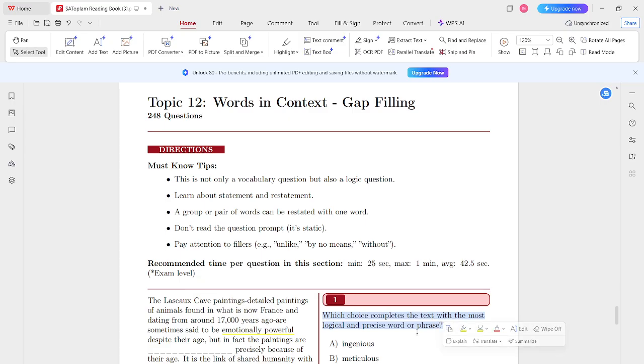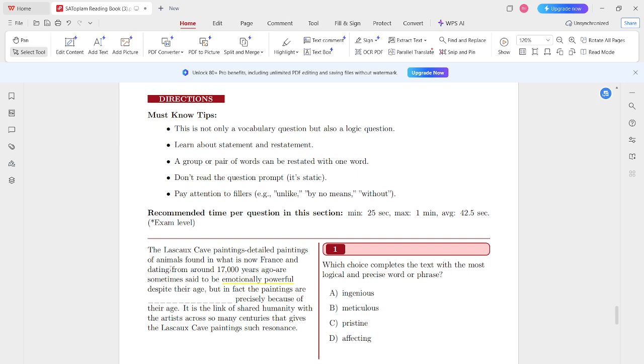It does not change ever. It is always the same thing. I have never seen a question with different words here. Right? It is always the same. And pay attention to fillers.